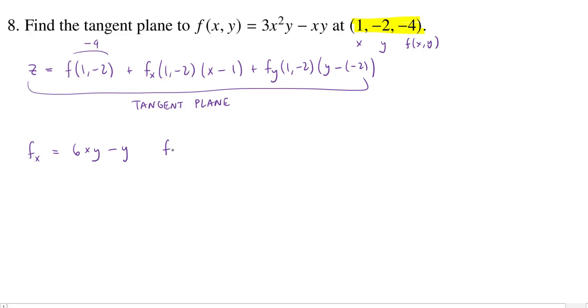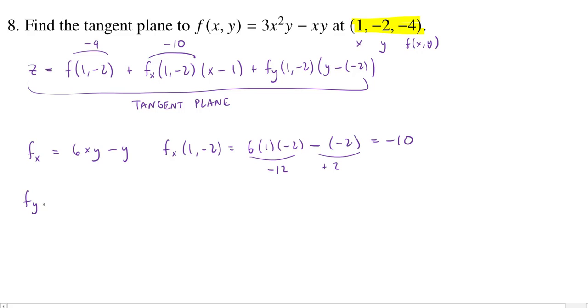Okay, and so if I want fx at 1, -2, then I plug x equals 1 in and y equals -2 in. I will get 6 times 1 times -2 minus -2. This is -12. This is going to be plus 2. And so -12 plus 2 is -10. All right, so that's what this piece is going to be, -10.